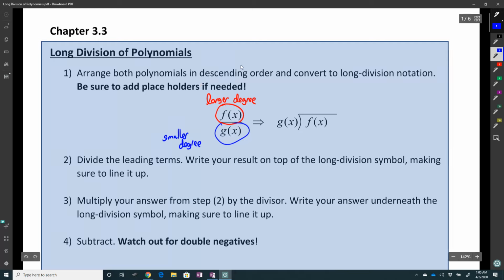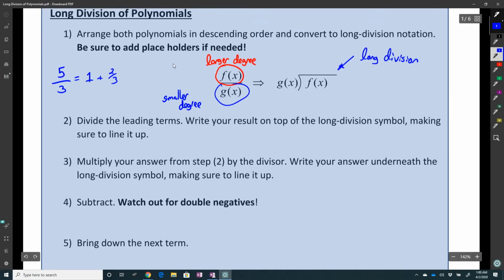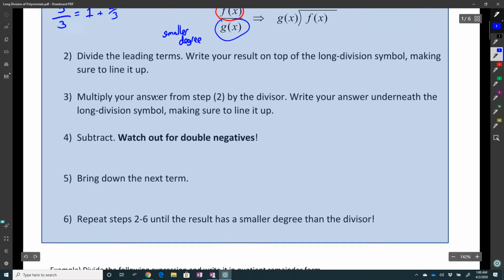Just like if a larger number is over a smaller number, you can simplify it. Same thing here. If a larger degree polynomial is over a smaller degree polynomial, you can simplify it, and we do that using long division. Now here's all the steps for long division. Rather than read them out one by one, we're just going to go ahead and do the first problem. And you're going to see it carries all the same characteristics as if we were actually doing it with just numbers.